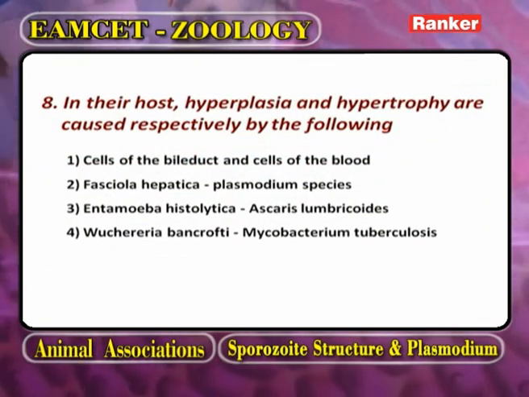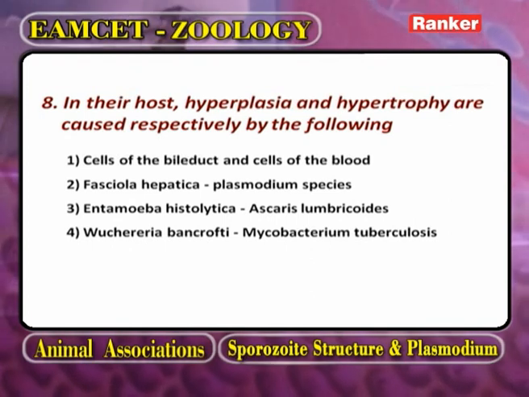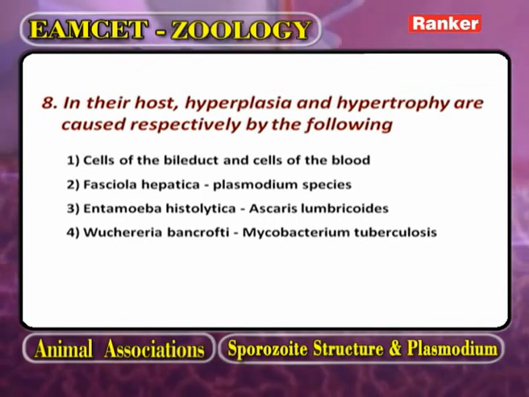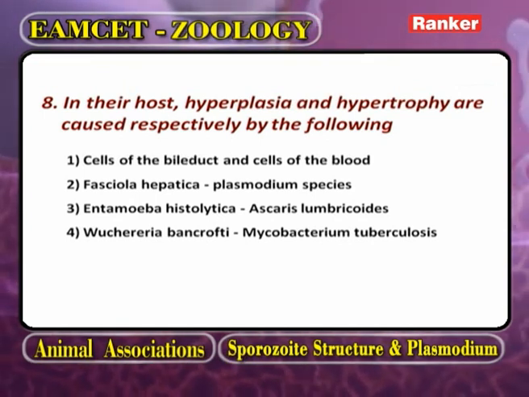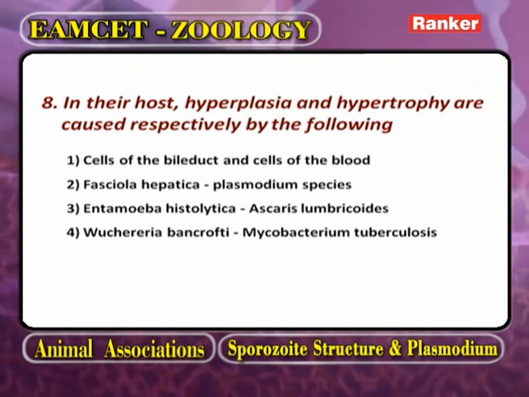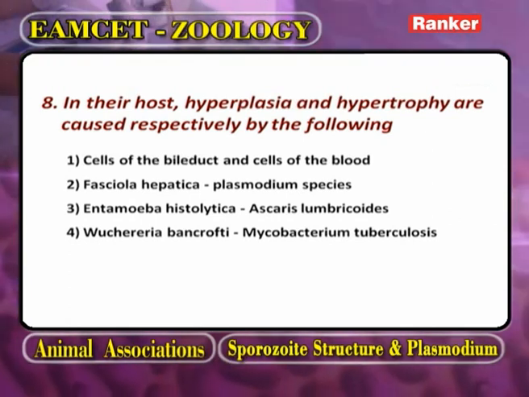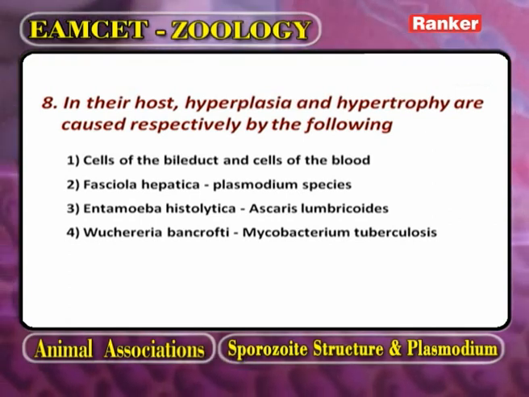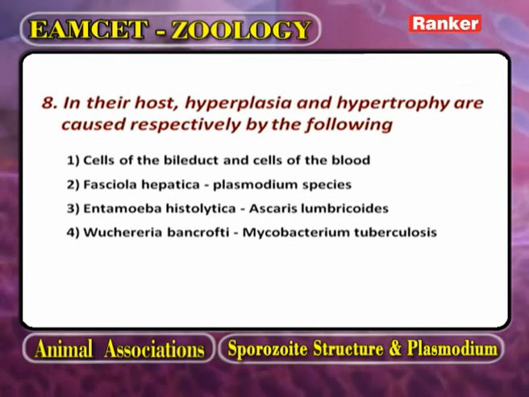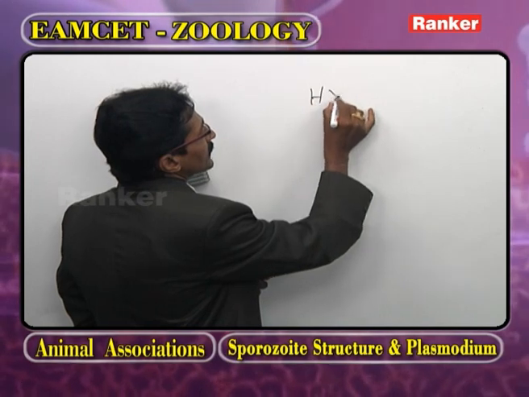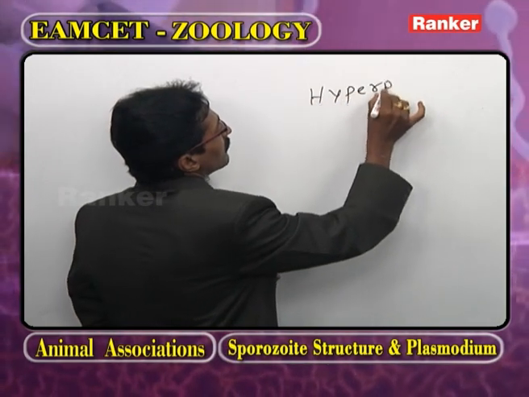In their host, hyperplasia and hypertrophy are caused respectively by the following. Here again you have to observe. In the host body, hyperplasia and hypertrophy are caused respectively. This concept we discuss in the effects of the parasites. One we call hyperplasia.